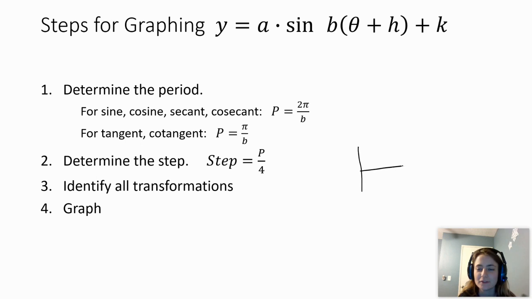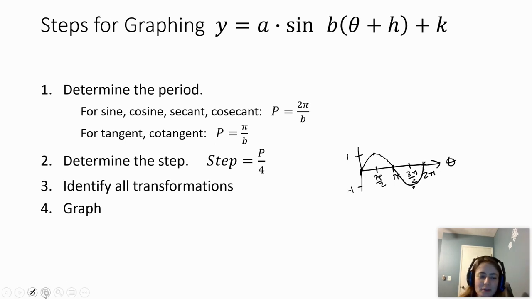So we're going to do examples where we use it, but very quickly, the sine graph, for example, it's useful to know what these tick marks are going to be.